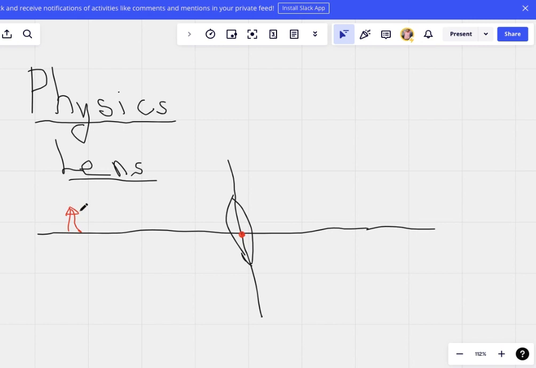Okay. Now a ray that is coming all this way, let's change the color, maybe to purple, parallel to the principal axis. You know the principal axis, right? This long horizontal line is the principal axis.